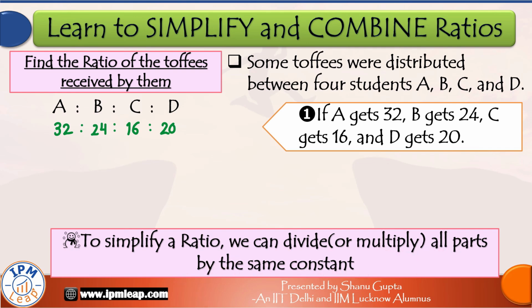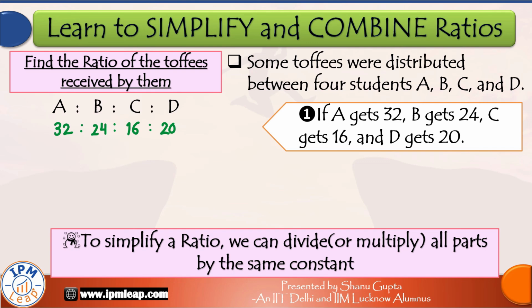To simplify a ratio, we can either divide or even multiply all parts of that ratio by the same constant. In doing so, the relative comparison of those 4 quantities does not change.